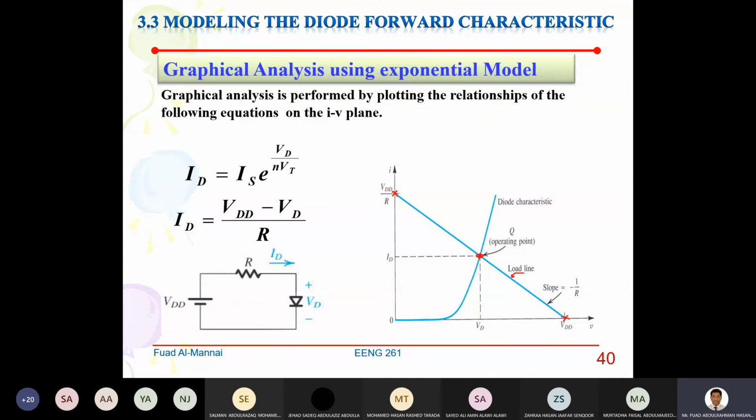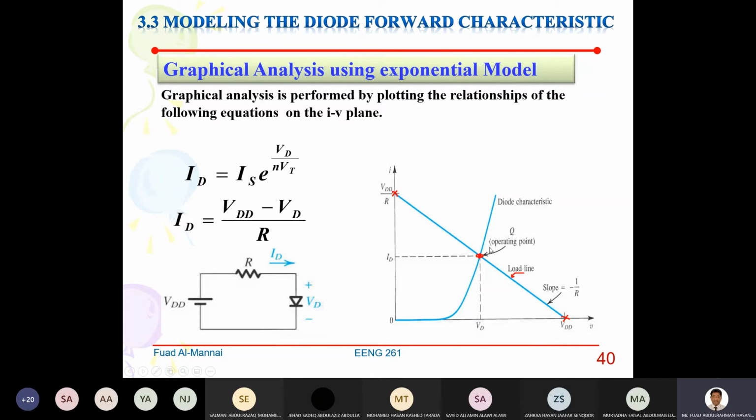Slide number 40. We're going to look at the graphical analysis using the exponential forward bias model. Suppose I look at, for example, a silicon diode.